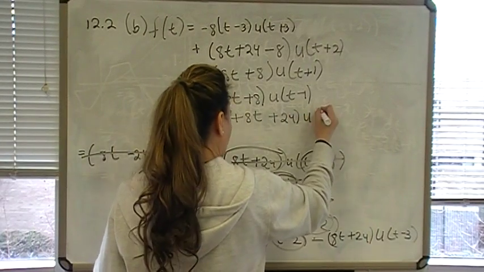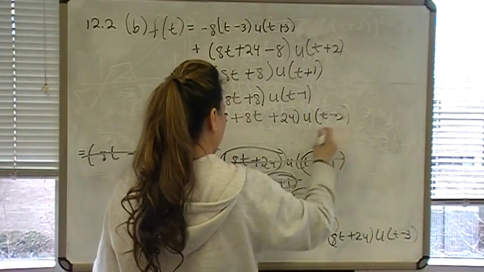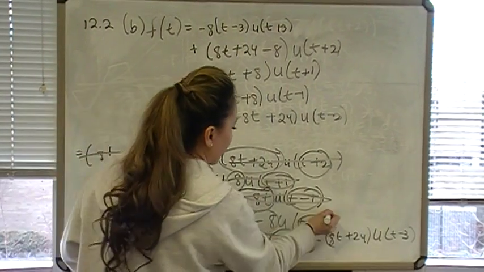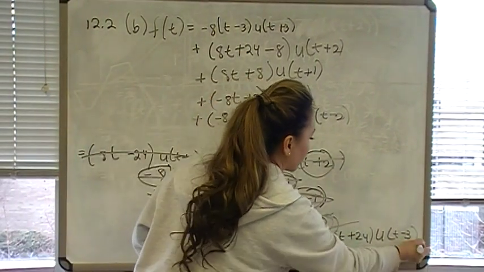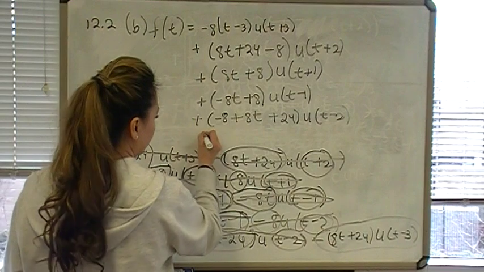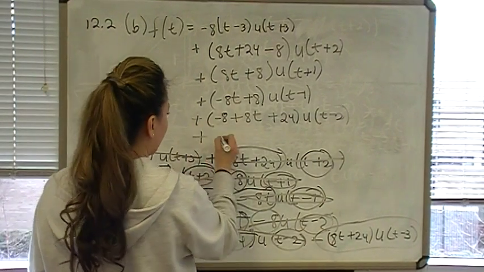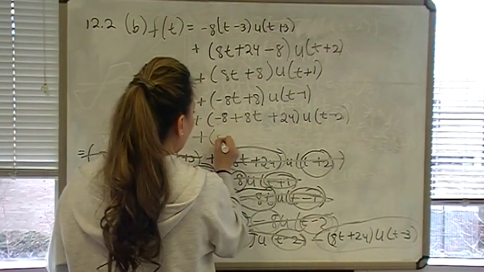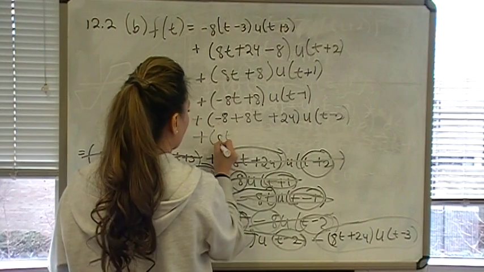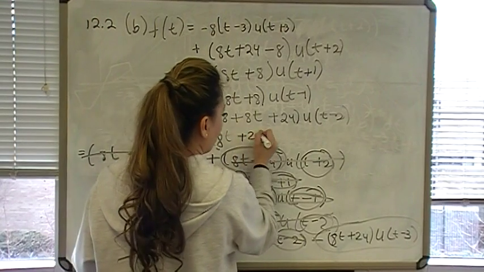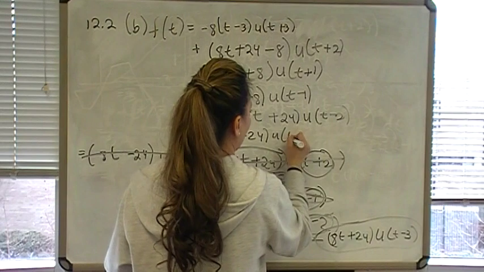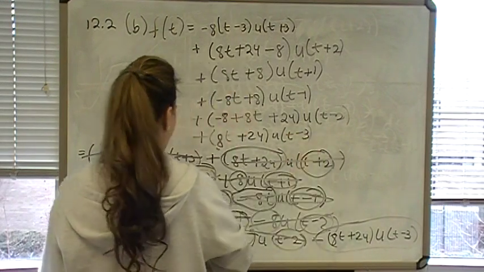That's going to be times u of t minus 2. Done and done. And then the last term doesn't combine with anything. It's just all by its lonesome. Last term is 8t plus 24 u of t minus 3.